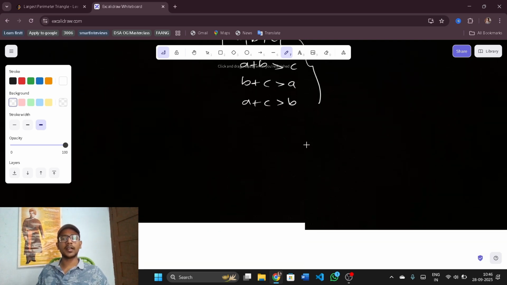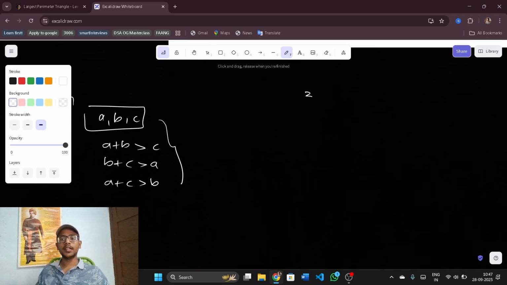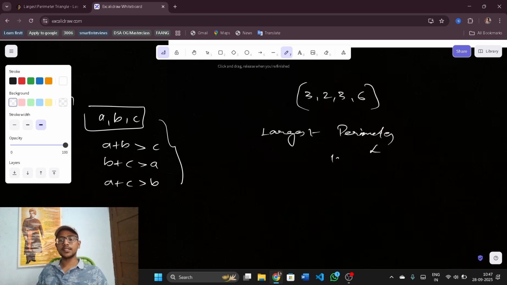Now let us take an example here: 3, 2, 3, 6. They have given that we need the largest perimeter. I just need the largest sides.